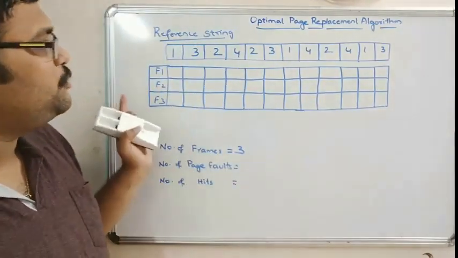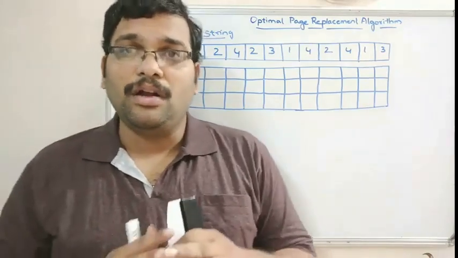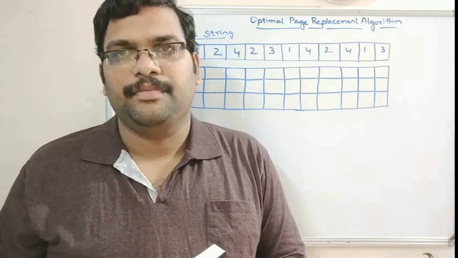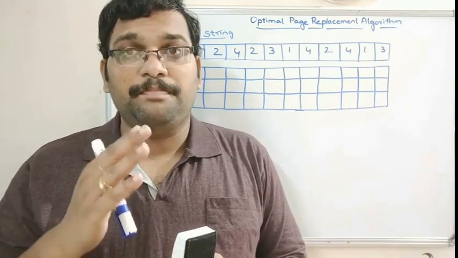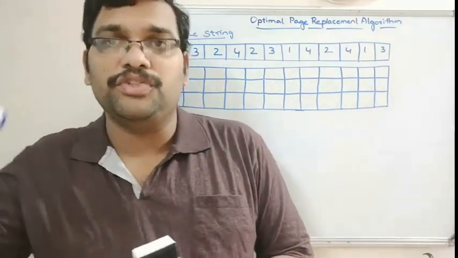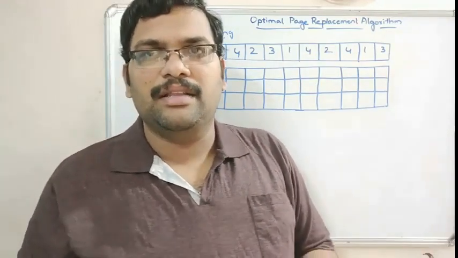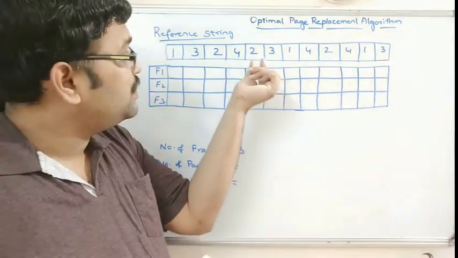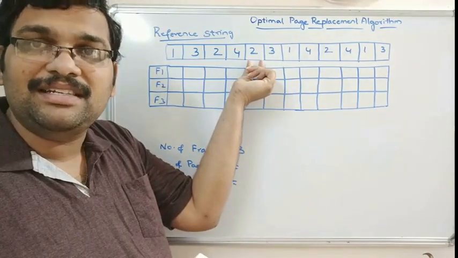So in this, we have to replace the page which will not be used for a long duration in future. Right. So hope you understood. So we have to replace a page such that it should not be used for a long time in future. Coming to the least recently used algorithm, if we want to load this page, page 2, we have to select the page which is least recently used.